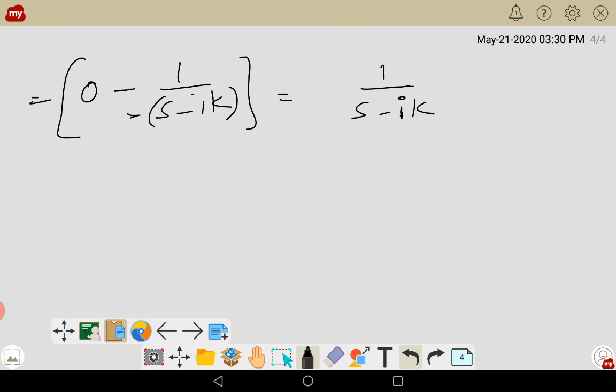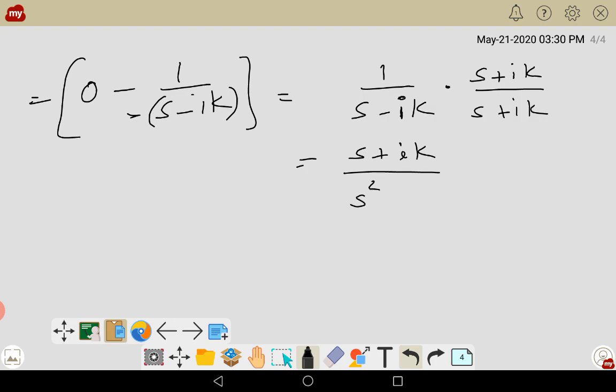Since there is a complex number in the denominator, we have to take its conjugate and multiply by s plus ik divided by s plus ik. Now the numerator becomes s plus ik, and the denominator is a plus b times a minus b, s square minus ik whole square.